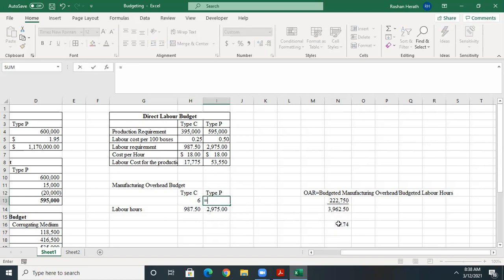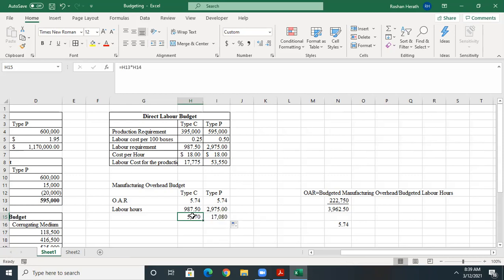You can simply refer here. Take the formatting to 2 decimal places, then that's fine. So this is the overhead absorption rate, OER. And then you have the labor requirement. So once you multiply, that is the manufacturing overhead.